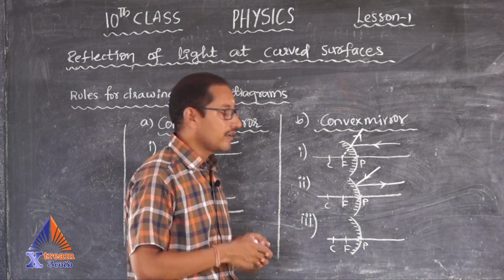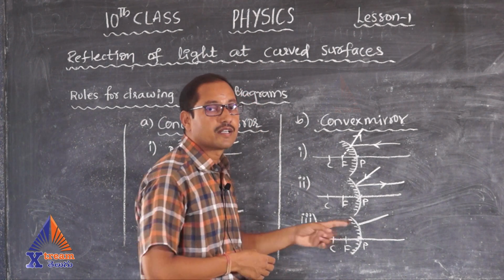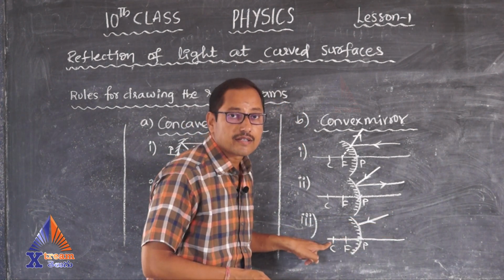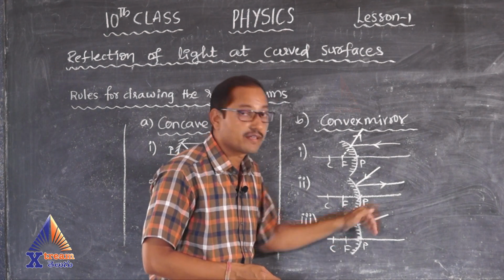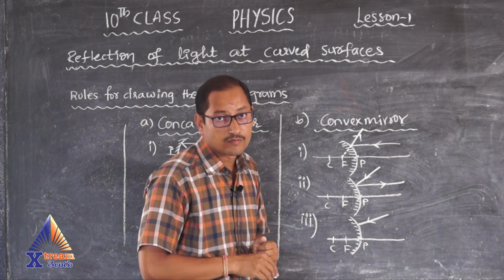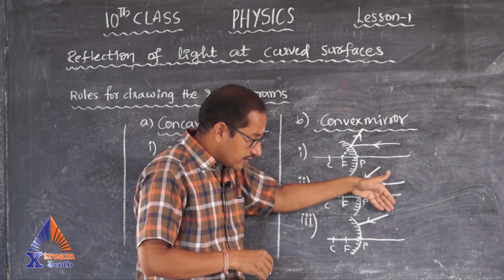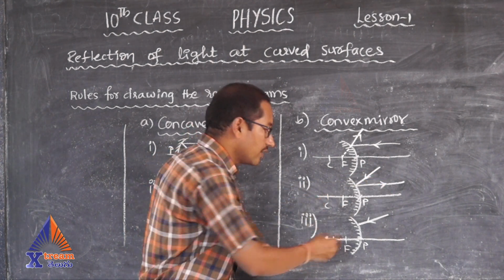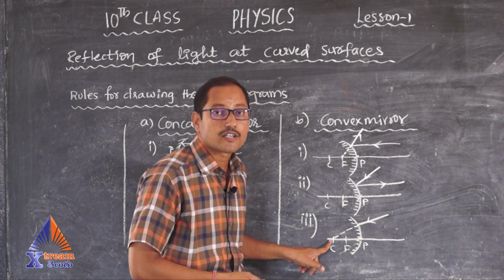The last ray is a ray which is traveling towards the center of curvature. Here I am considering this ray. As such, it cannot reach the center of curvature because this is a mirror, and from here itself it has to get reflected back. But if I extend the imaginary line, considering the same path of traveling, then this can be extended towards the center of curvature.